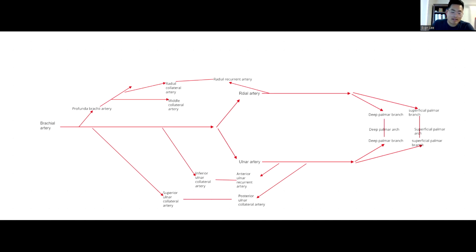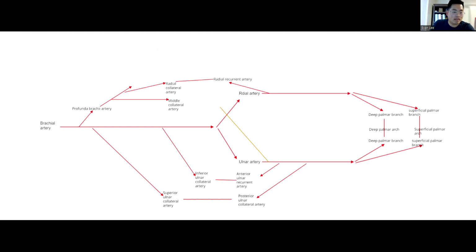Now, one more that makes this whole thing a little bit hard to visualize, but let me change this color just a little bit, and hopefully you'll be able to see this a little better. This is where we have something that goes back and connects to the profunda brachii artery.